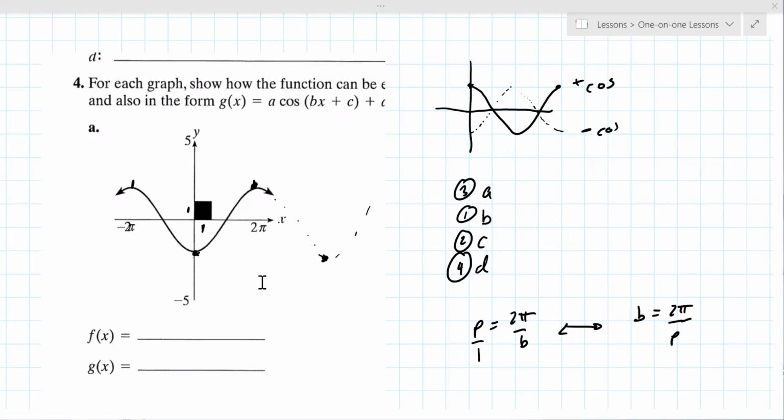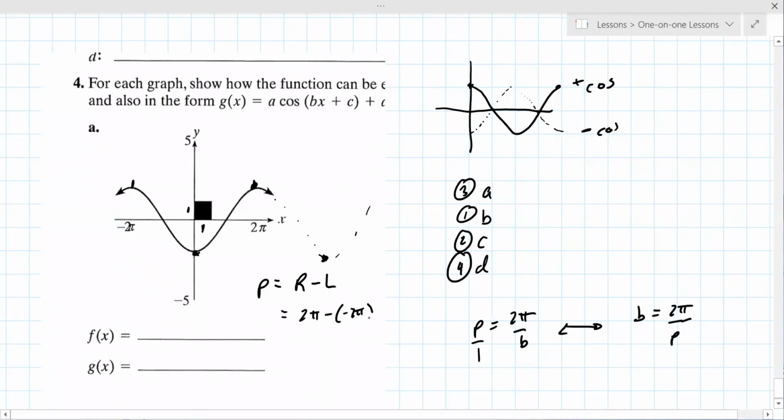In this case, your period is right minus left. So 2 pi minus negative 2 pi, which is 4 pi. So it'd be 2 pi over 4 pi, which is 1/2.